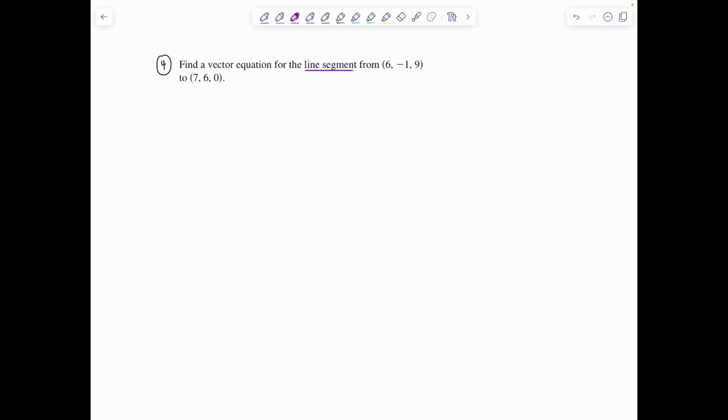So we want it to start at 6, negative 1, 9 and end at 7, 6, 0, not extend forever. So the way we're going to do it is by restricting our parameter t. I'll tell you how at the end. First, let's just come up with the parametric equations for the line that connects those 2 points, the line that extends forever, and then I'll show you how to restrict the parameter, okay?